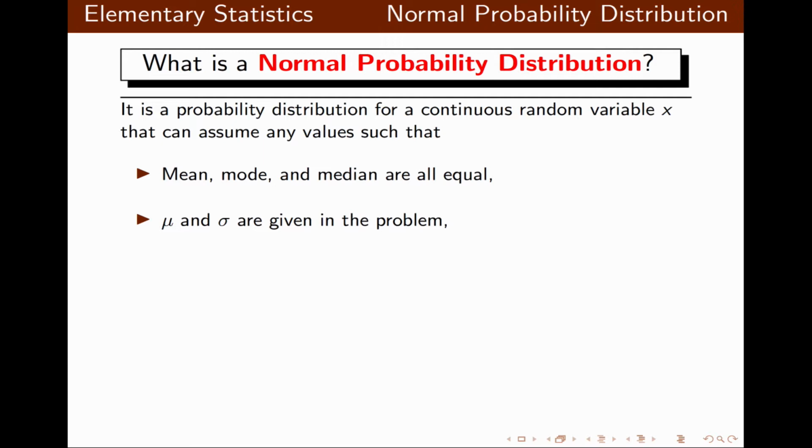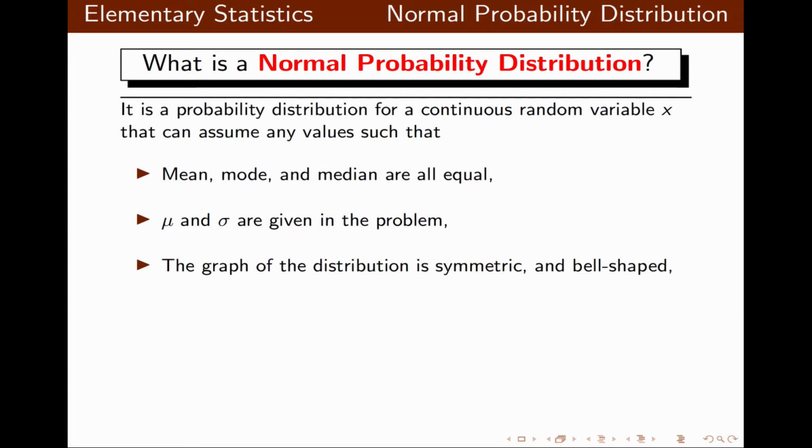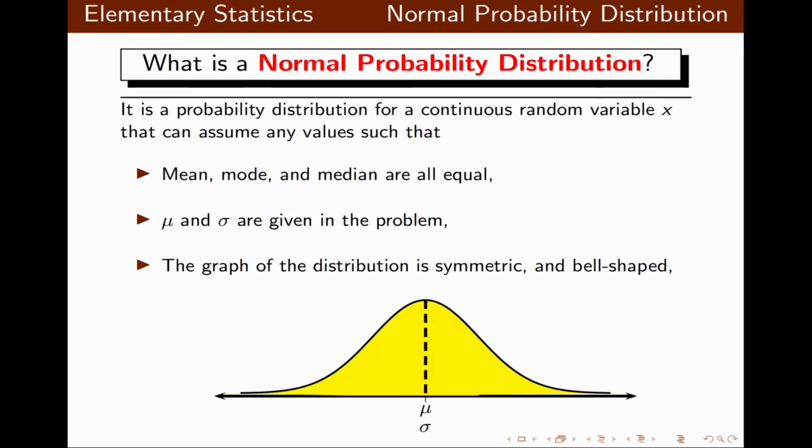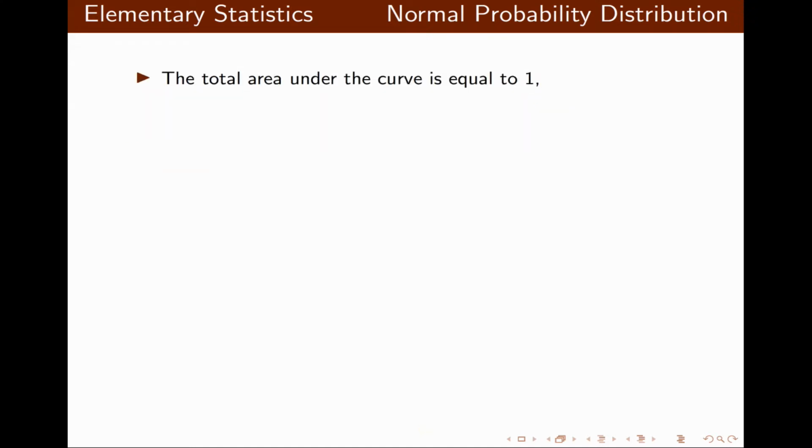The mean, mu, and the standard deviation, sigma, are given in the problem. The graph of the distribution is symmetric and is bell-shaped. The total area under the curve is equal to 1. Probability that x, our continuous random variable, is equal to a specific value c, that probability is 0.